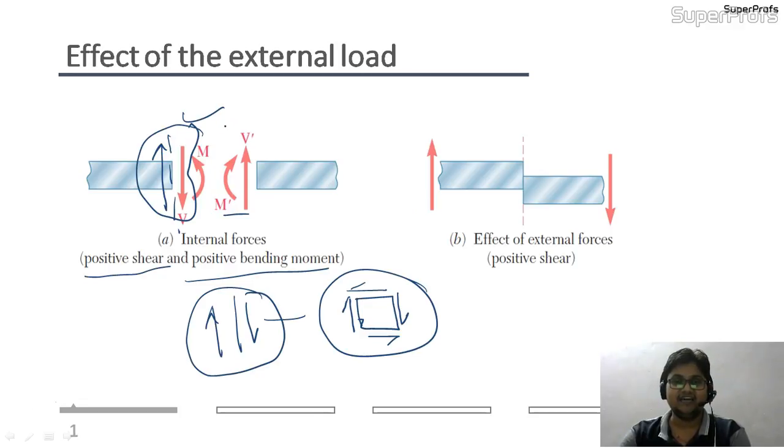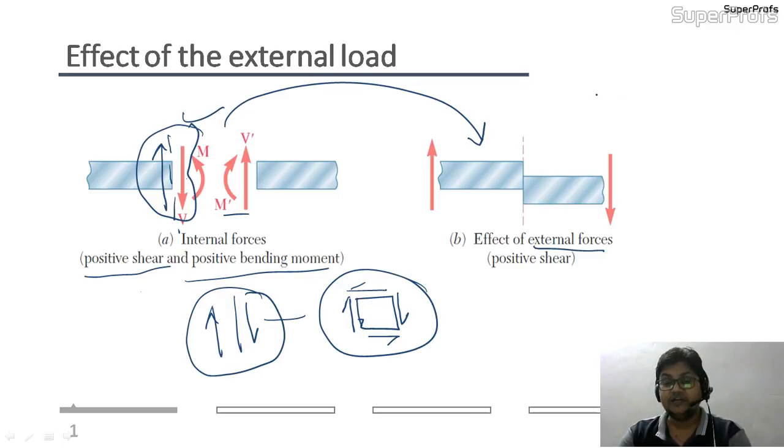So the shear force convention which I had taught you, you will be clearly visualizing here. This was the internal force, and the effect of external forces is what we are seeing. This was the positive shear because this was the internal force, and internal forces are always opposite to the external loading.